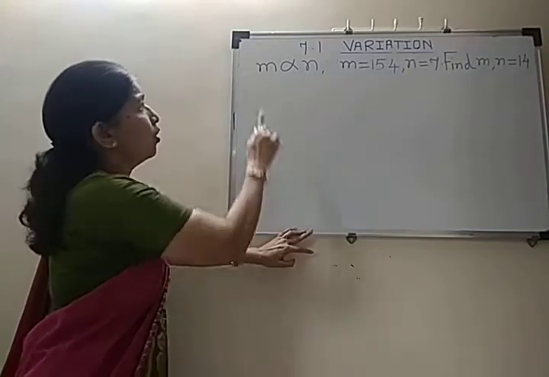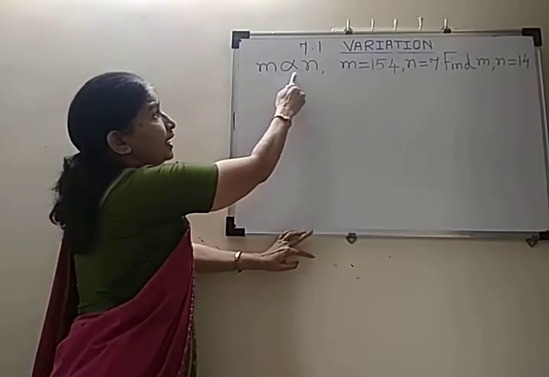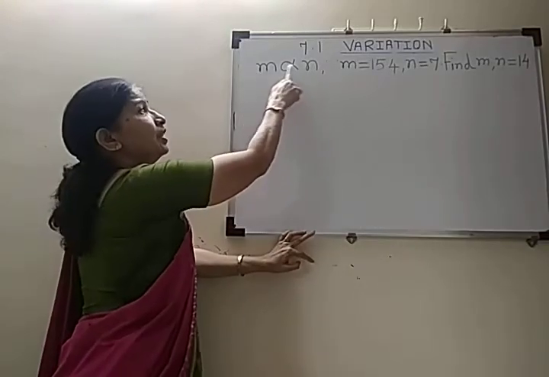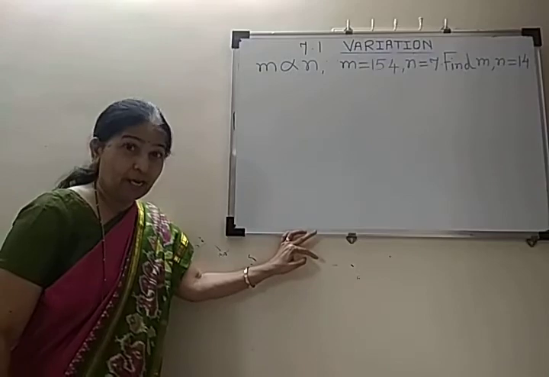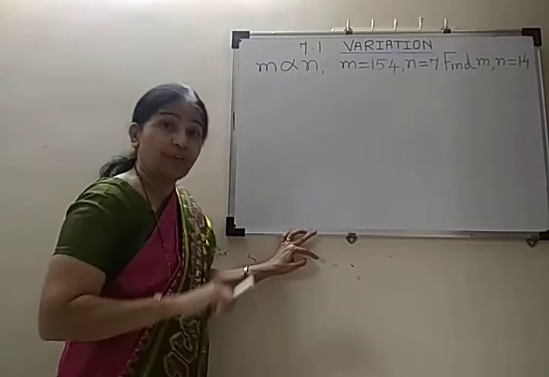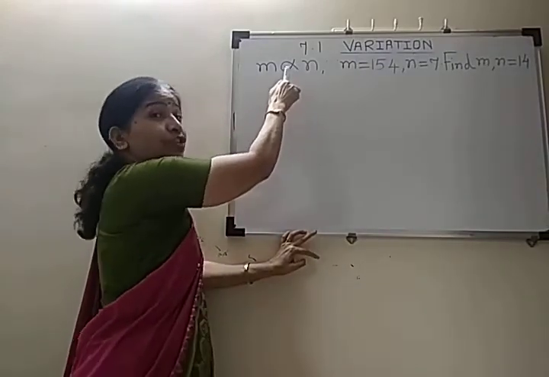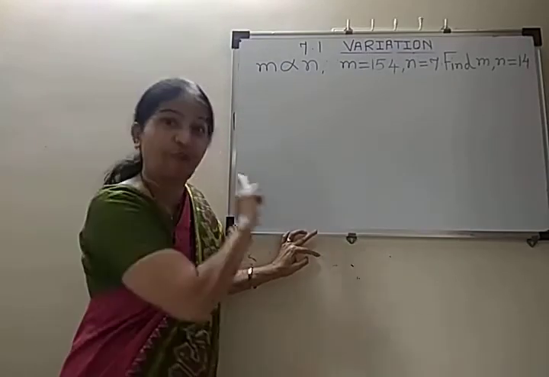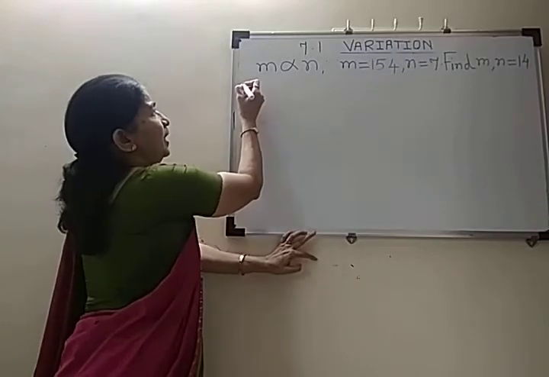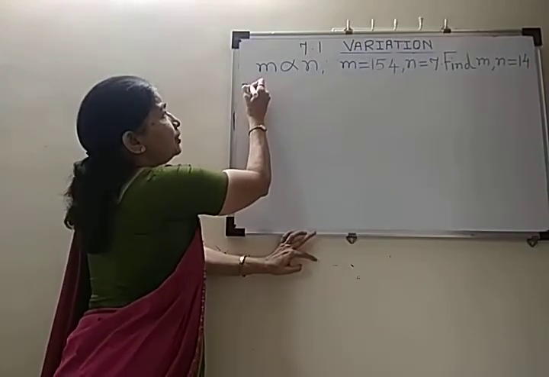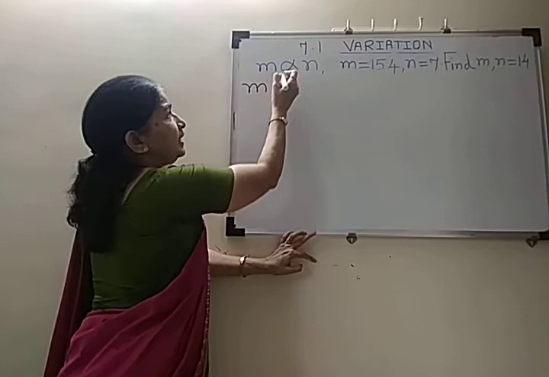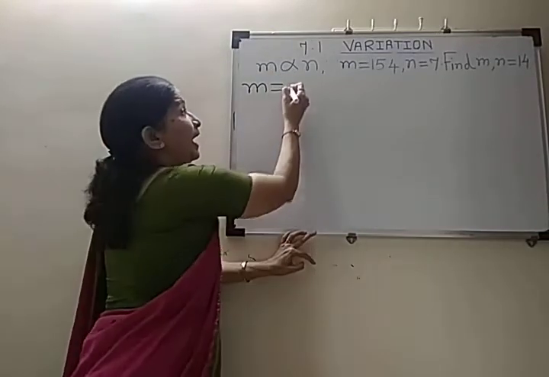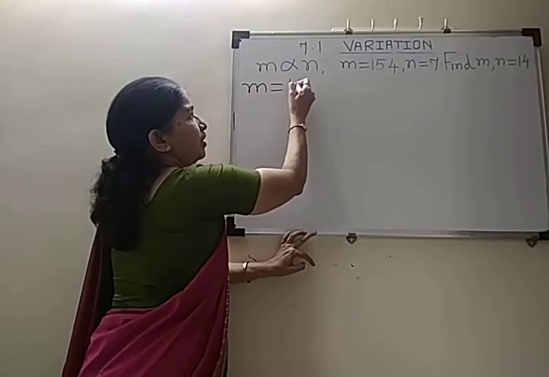So M is directly proportional to N. This one is our first step. Now for the second step, we will use the equal sign instead of the symbol of variation. So for the second step, I am using the equal sign. M is equal to kN.